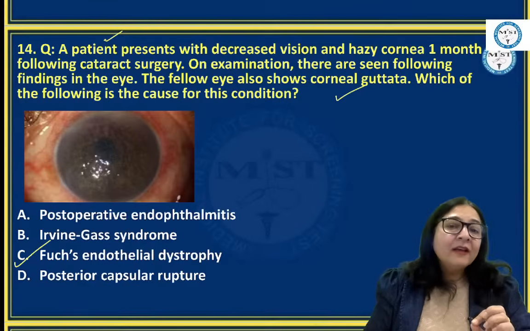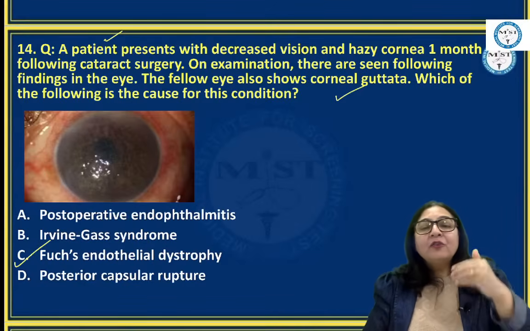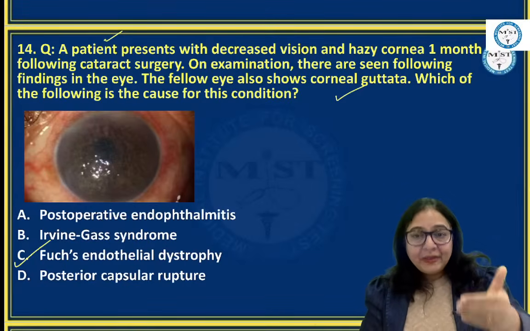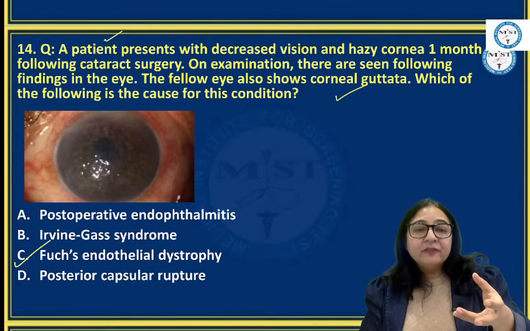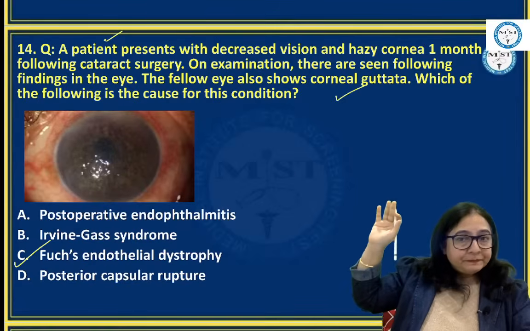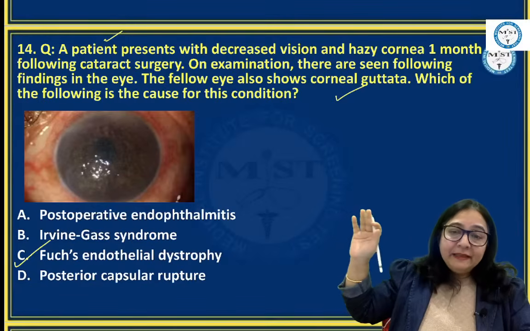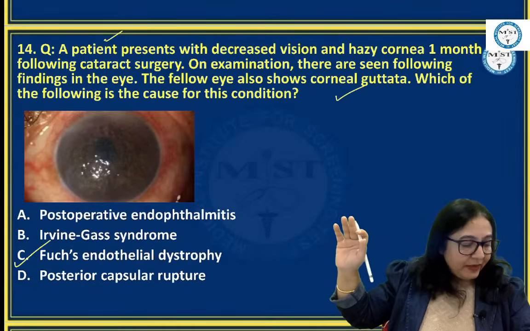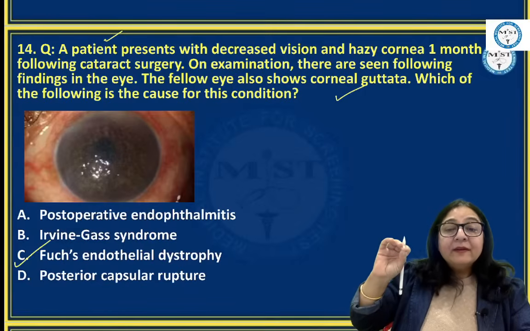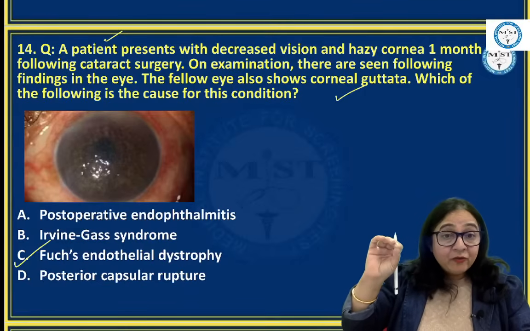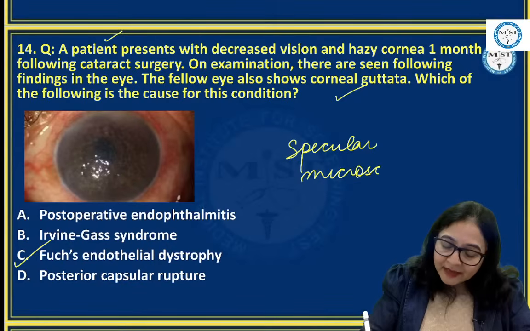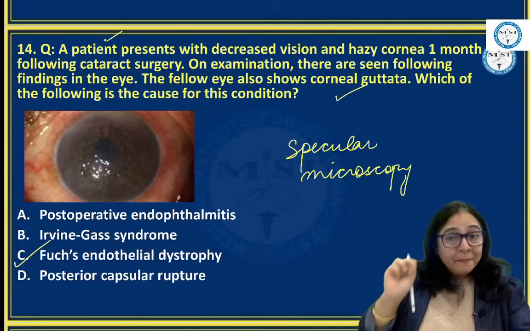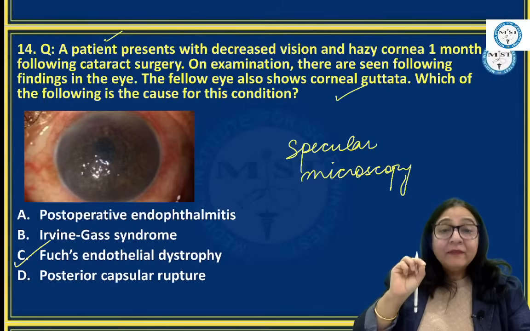Now, if a patient has Fuchs endothelial dystrophy, the trauma due to cataract surgery can lead to early decompensation of the cornea, leading to bullous keratopathy. So if you suspect Fuchs endothelial dystrophy, one should do specular microscopy before attempting cataract surgery, so that you know if the endothelial cell loss is very severe.